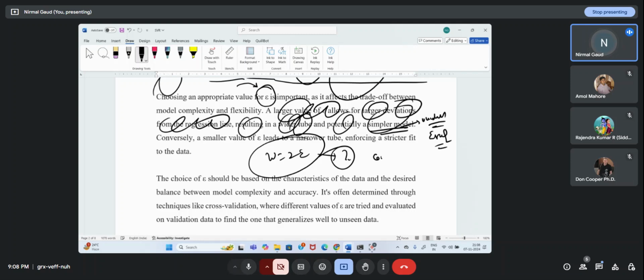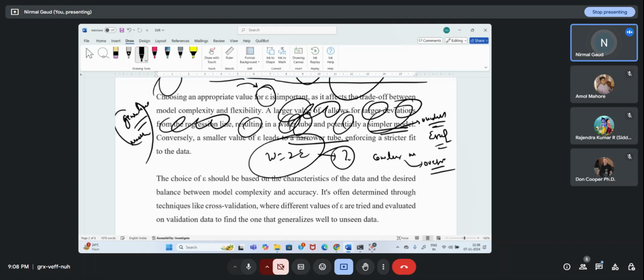A complex model is overfitted. We want a generalized model. Always remember these terms, don't get confused. A simple model is underfitted, a complex model is overfitted, and a generalized model is what we need, that is between simple and complex.